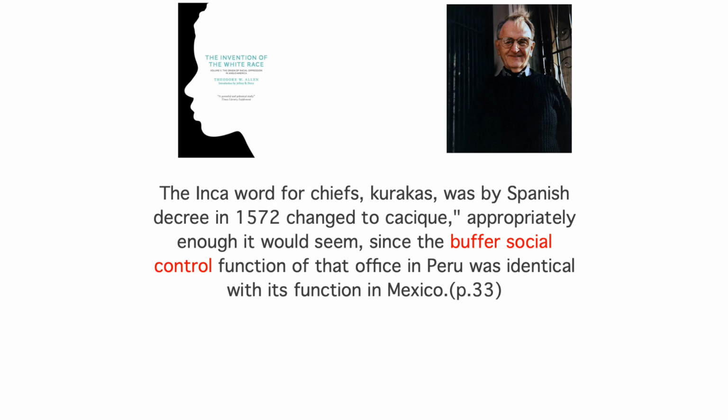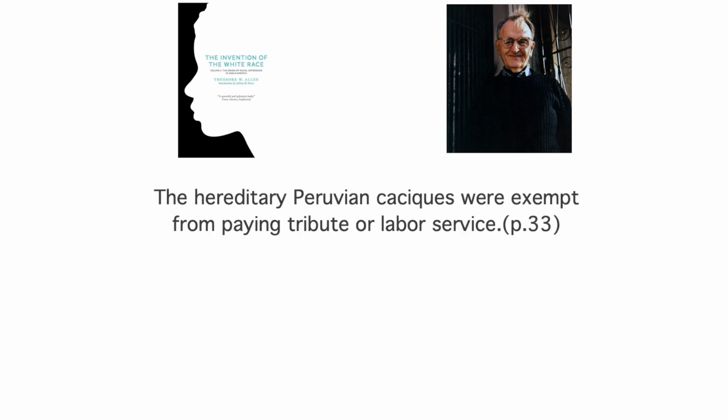Appropriately enough, it would seem, since the buffer social control function of that office in Peru was identical with its function in Mexico. The hereditary Peruvian caciques were exempt from paying tribute or labor service, similar to what we saw in Mexico City, right? So the Spanish used these Peruvian leaders in the same capacity as they used those leaders in Mexico, and they gave them similar crumbs for their participation.